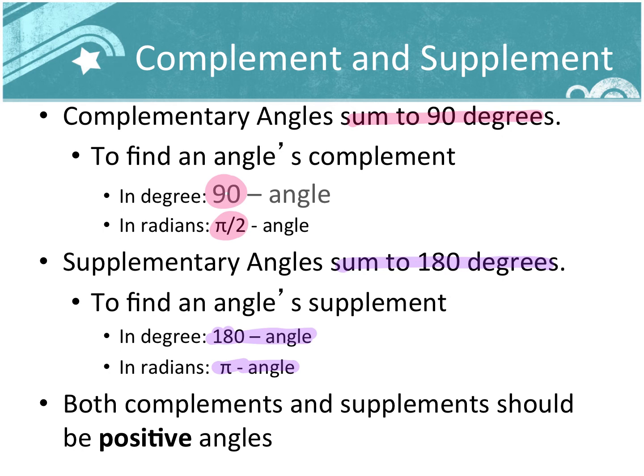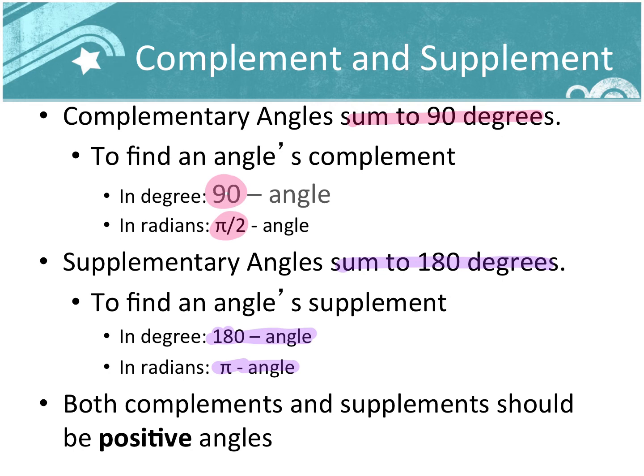In order for an angle to have a complement or a supplement, they have to both be positive. So if something is bigger than 90 degrees, or bigger than pi over 2, it does not have a complement. And if it's bigger than pi, or 180, it does not have a supplement. It has to be less than it. So if I say what's the complement to 90 degrees, there is none.